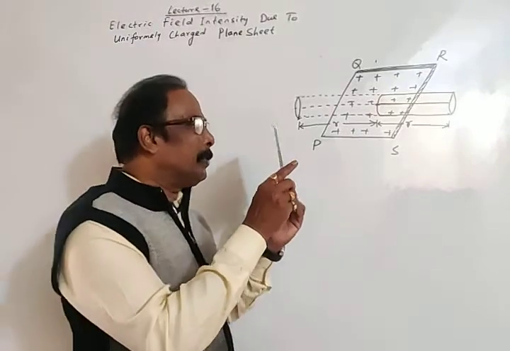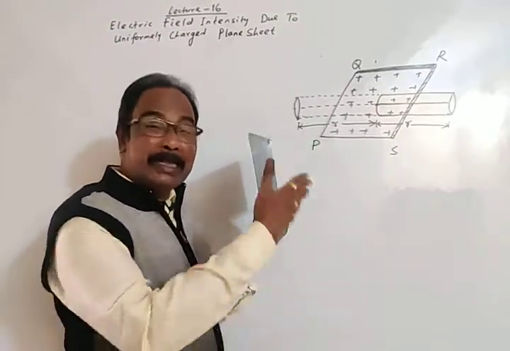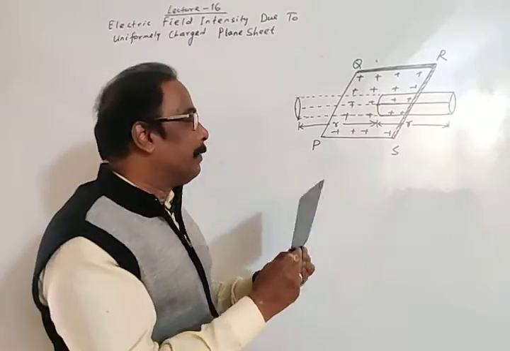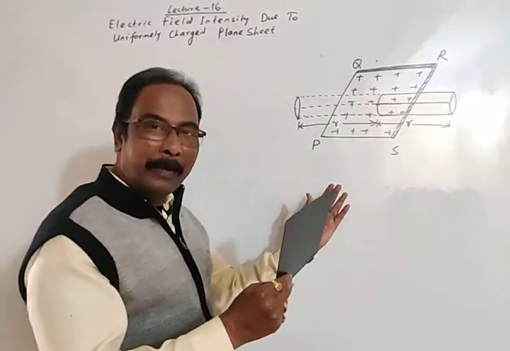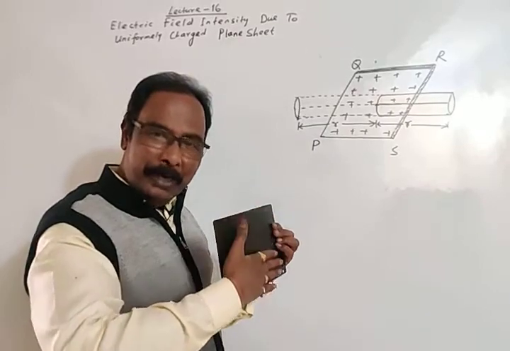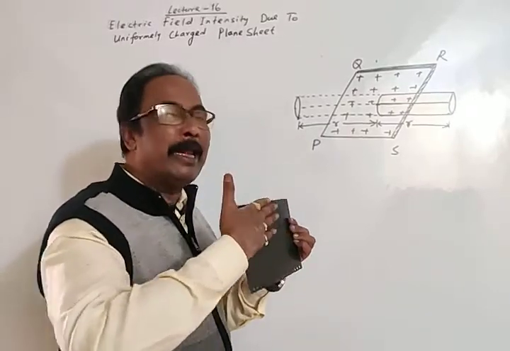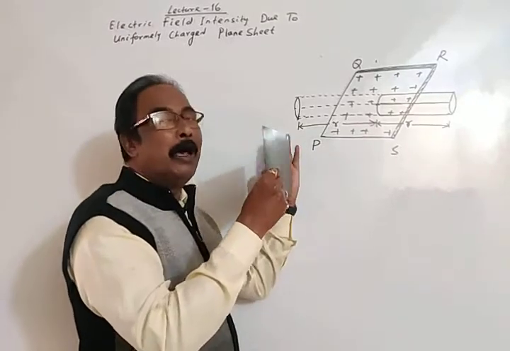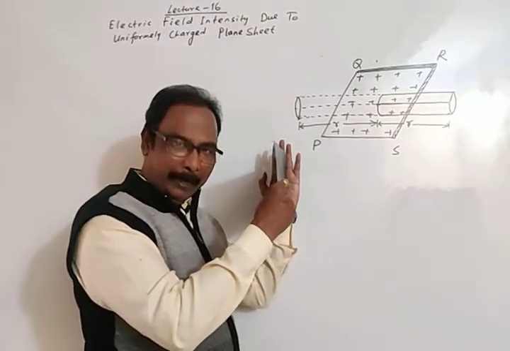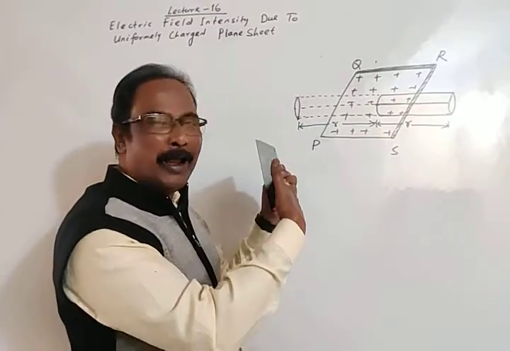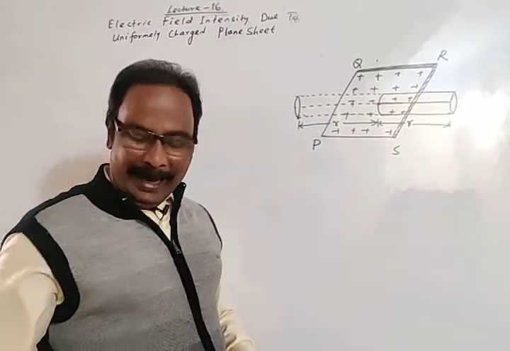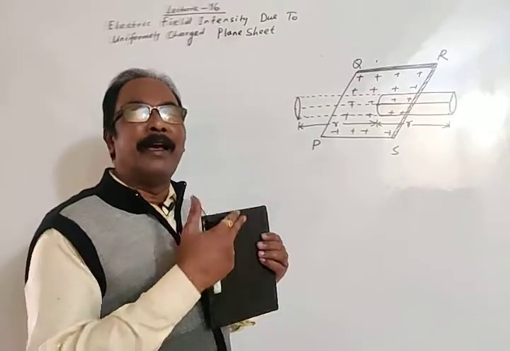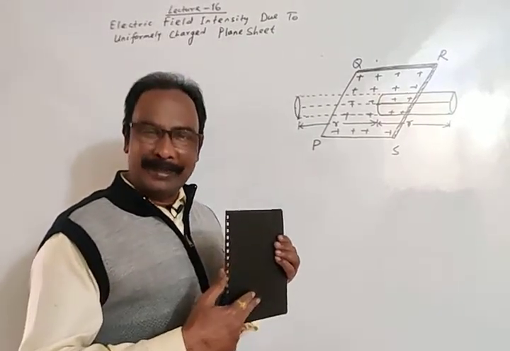Now I hold the sheet so that the plane of the sheet is perpendicular to the plane of the whiteboard. If charge is given to the sheet, the charge is distributed on the surface of the sheet.